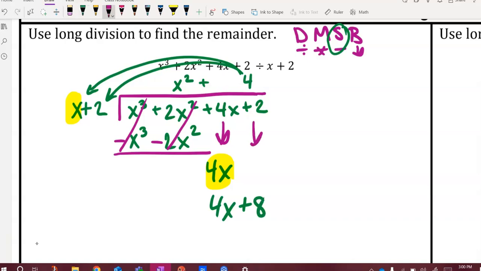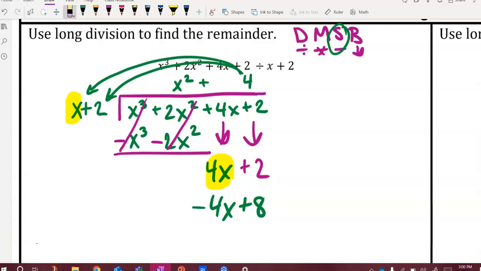Let's go ahead and bring down that next term. This problem is a little different because usually you will end with a number here and it continues nicely, but in this case, those first two terms cancel out. So that's why we have to bring down twice in one turn. This one's kind of confusing. Don't overthink it. It's not that serious.